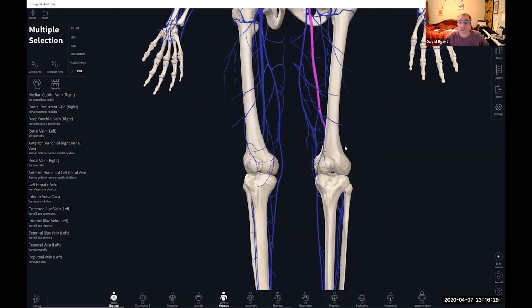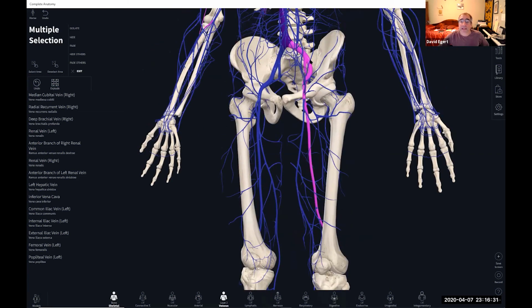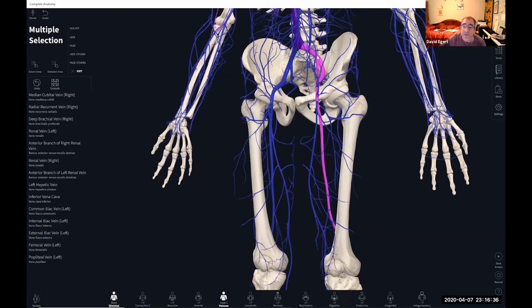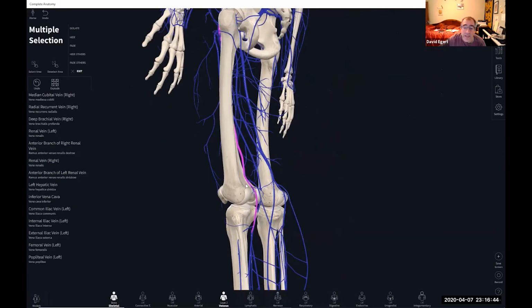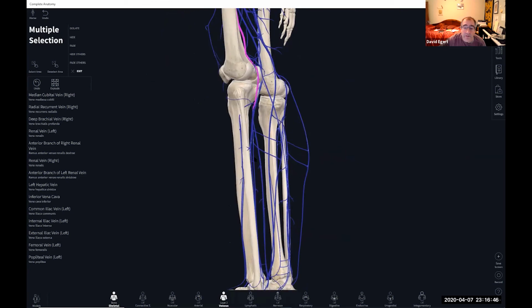Same kind of idea that we saw with the arteries: common iliac vein, external iliac vein, femoral vein, then the popliteal vein, going down to the posterior tibial vein.